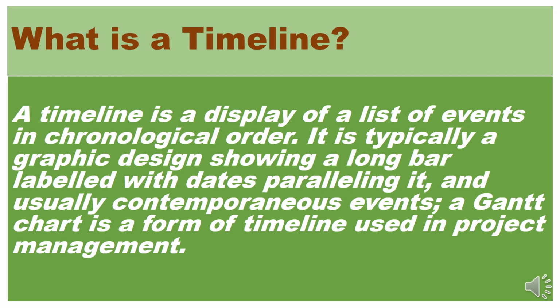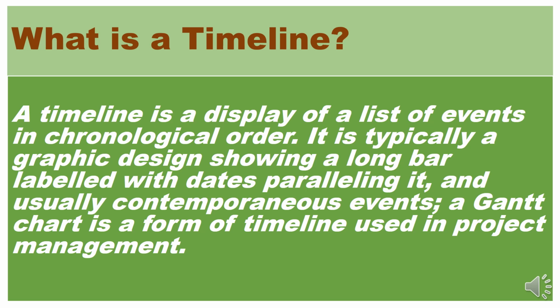Okay, what is a timeline? A timeline is a display of a list of events in chronological order. It is typically a graphic design showing a long bar labeled with dates paralleling it, and usually contemporaneous events.